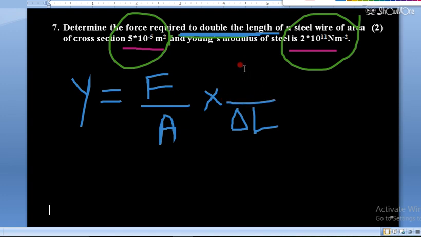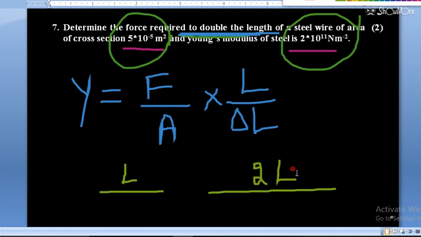So this formula is to be used for solving this question number 7, and force we have to find. Young's modulus is given, area is given, delta L we have to find from this line: to double the length. Now see how to find delta L. Students, in the beginning it has length L. Now its length is doubled, so it is stretched and its length is now 2L.